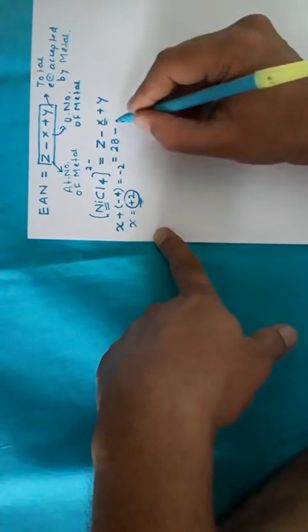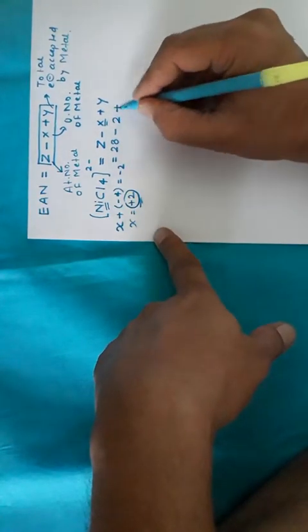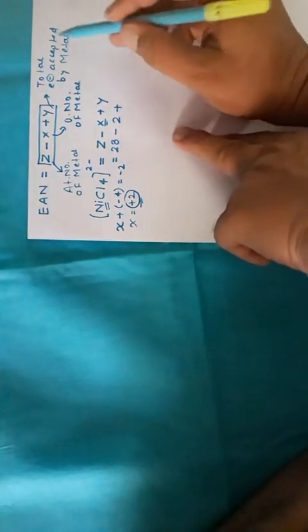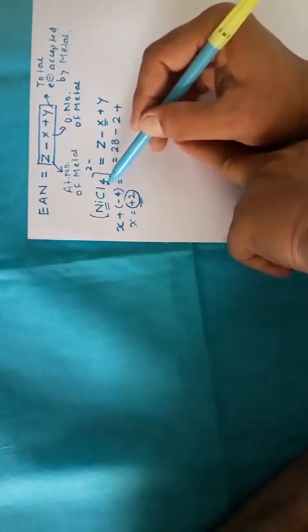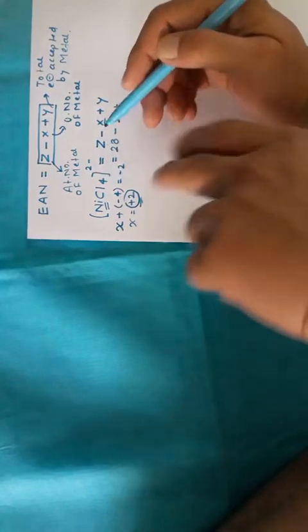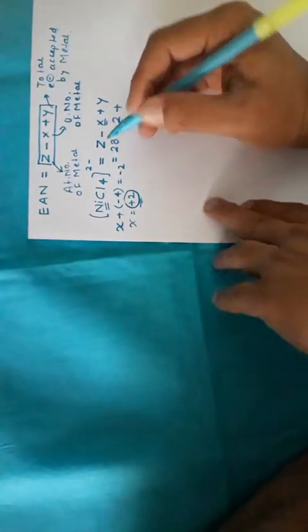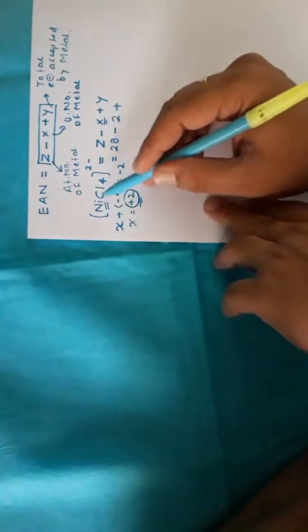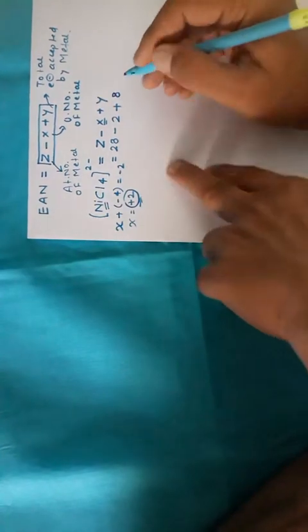So I am substituting the value of oxidation number as 2 here, plus now the total number of electrons accepted by metal. This is from chlorine, which are called ligands, and one ligand which is monodentate can give 2 electrons, that is one lone pair. So there are 4 ligands which are monodentate, and hence they are going to give 8 electrons in total.